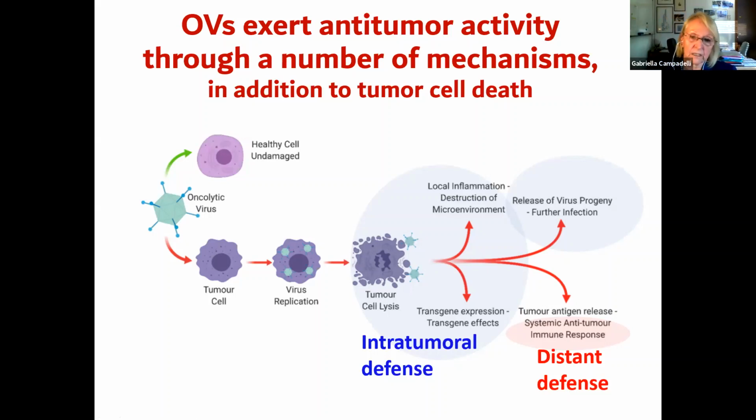And this is done through modification to the tumor microenvironment. Essentially, there are cell debris which are released. There is a whole bunch of modification to the tumor microenvironment, which I will show to you. And we can actually augment this through transgenic expression of proteins.